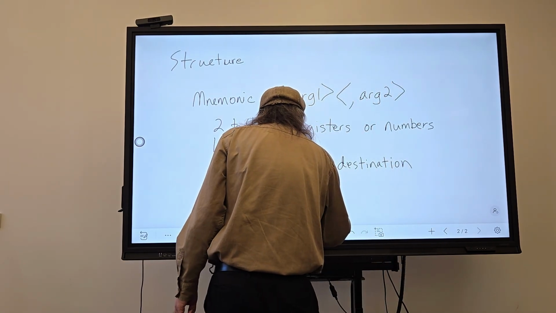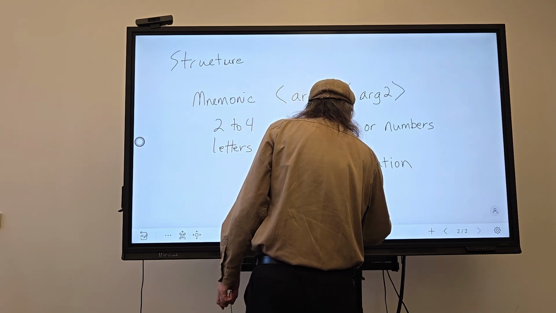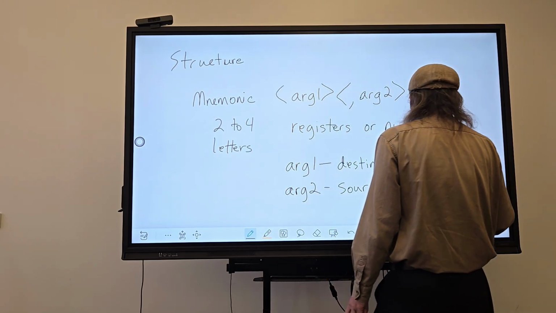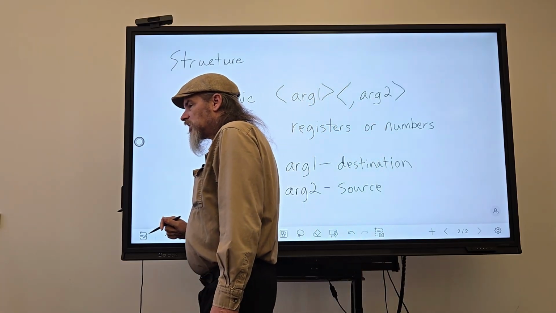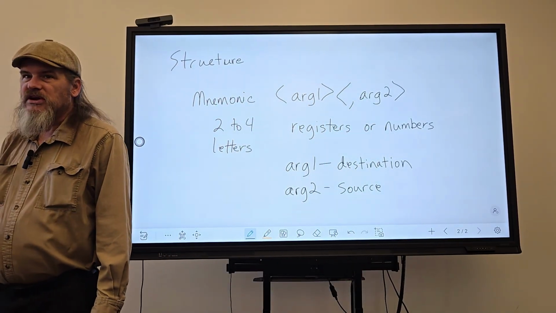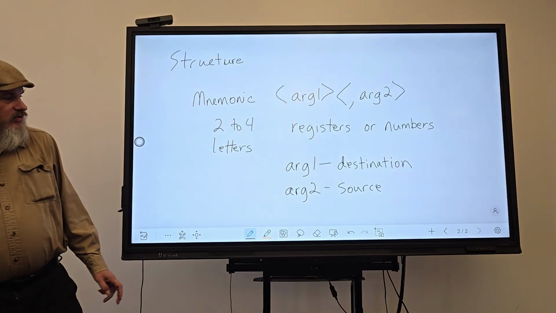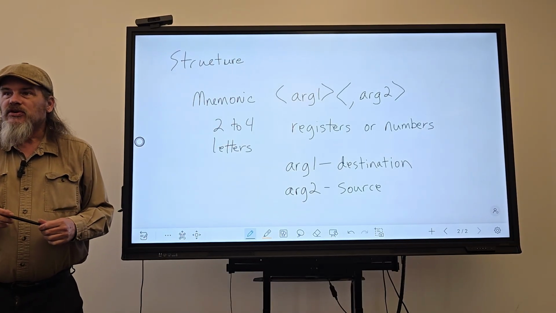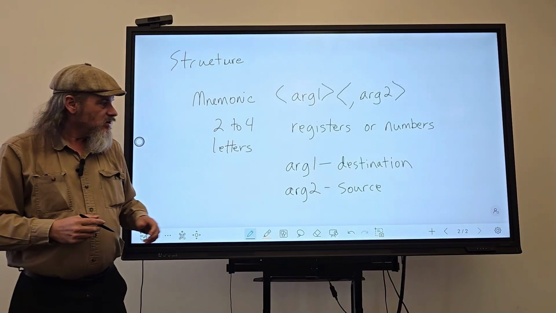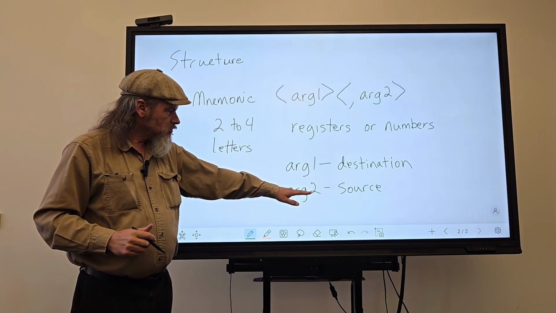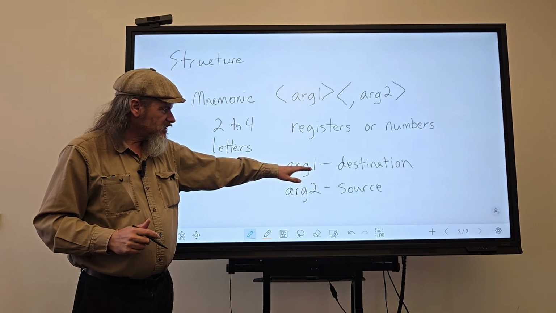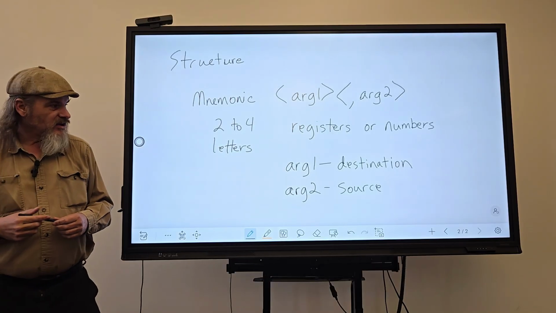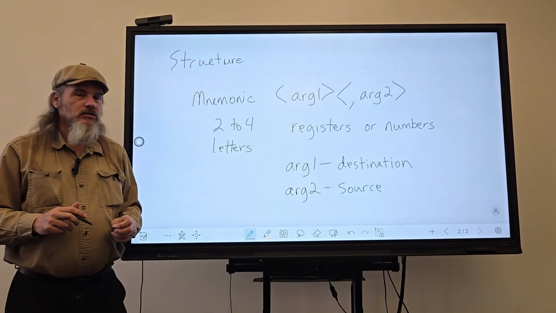And arg2 is the source. So a move operation, where you're moving data from one place to another, the source will be the second argument, the destination will be the first argument. If you're going to add 2 numbers together, the argument 2 is going to be added to the first argument, and the answer, the result, will be placed in the destination argument.